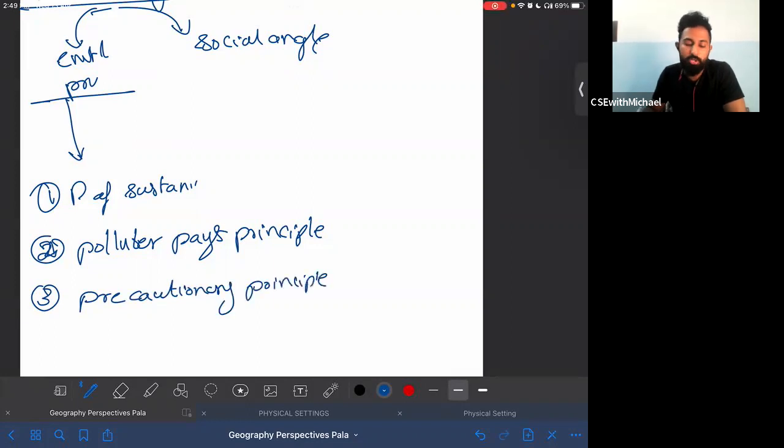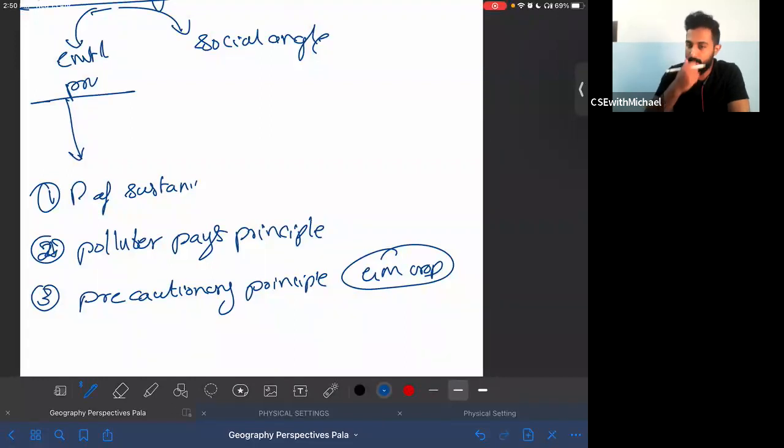Before a measure or a new policy is taken, it should be ensured that it is not going to have any harmful impact on the environment. For example, if you are bringing in a GM crop, you have to think of every prospect in which it can cause damage to the environment, and check whether it actually does. Only if it is not doing damage should you go for that particular policy. So that's the third one.